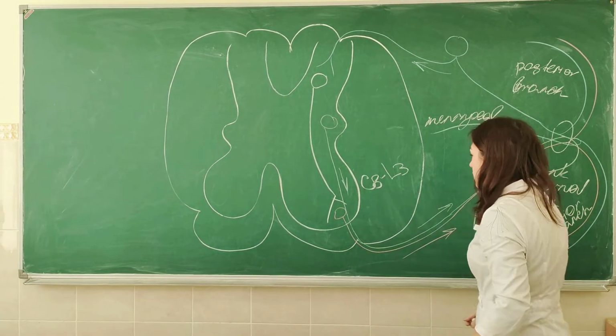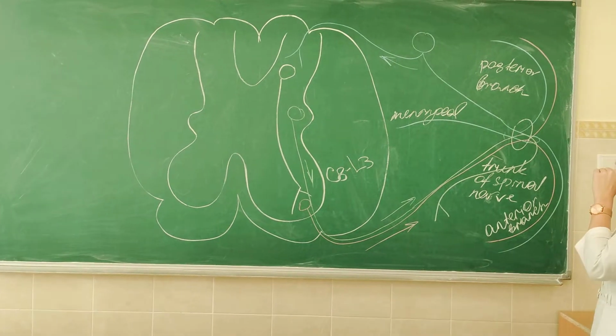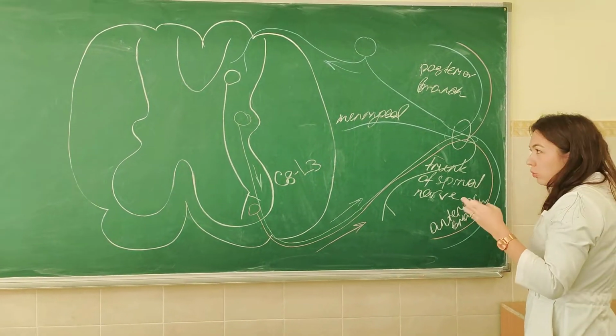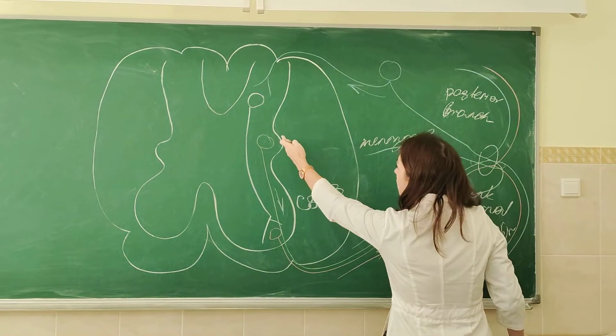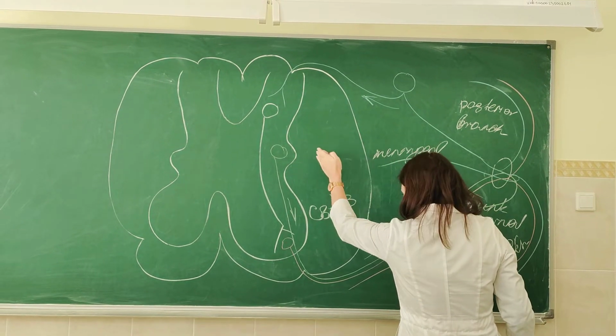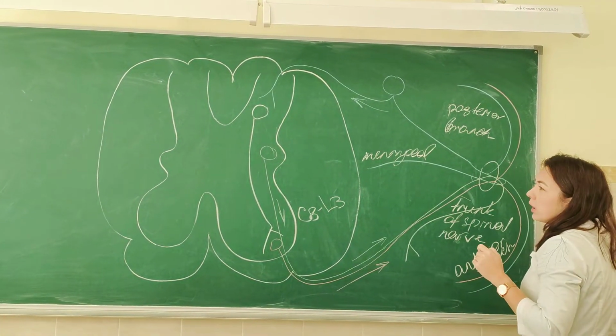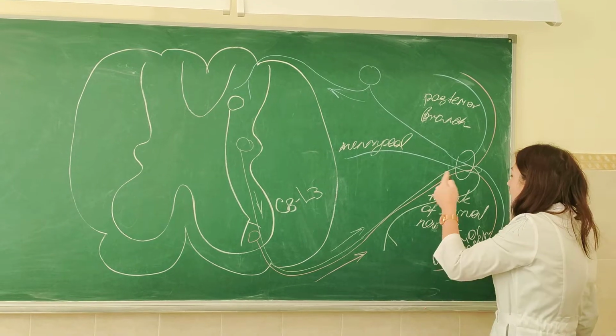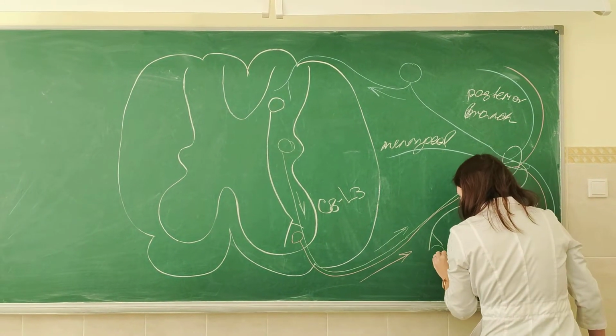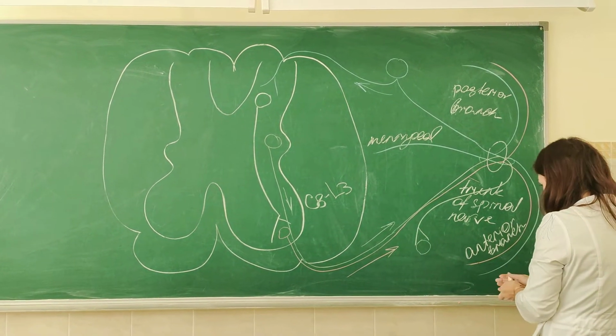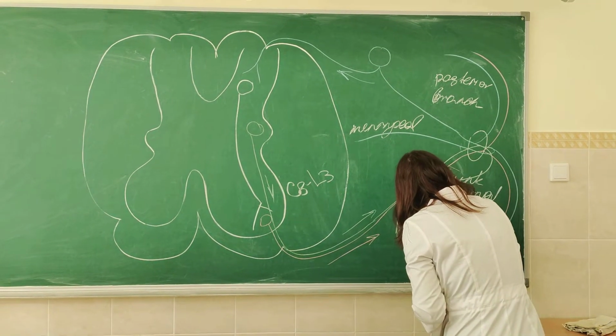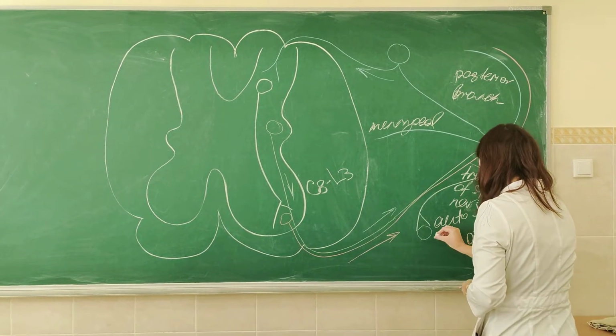The autonomic reflex arch is slightly different in structure because it has 2 motor neurons. The first motor neuron is located in the CNS, in the lateral horn, if we are talking about the spinal cord. The body of the second motor neuron is located outside of the CNS, and it forms the autonomic ganglion.